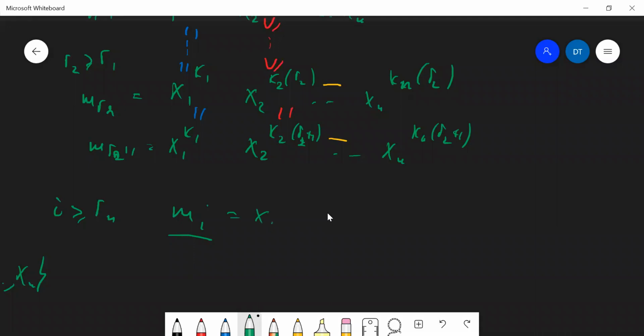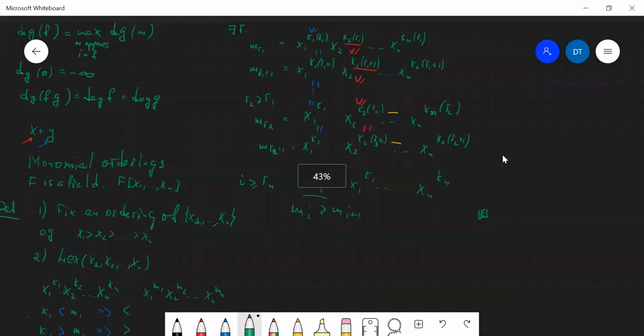So they must have the form... But this is impossible because we have a strictly descending chain. If all the powers are the same, all these monomials are the same, so the chain is not strictly descending. So this is a contradiction, and the contradiction completes the proof.